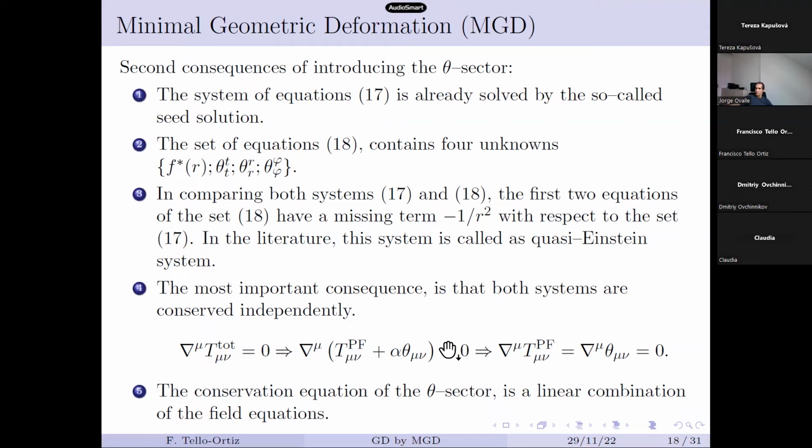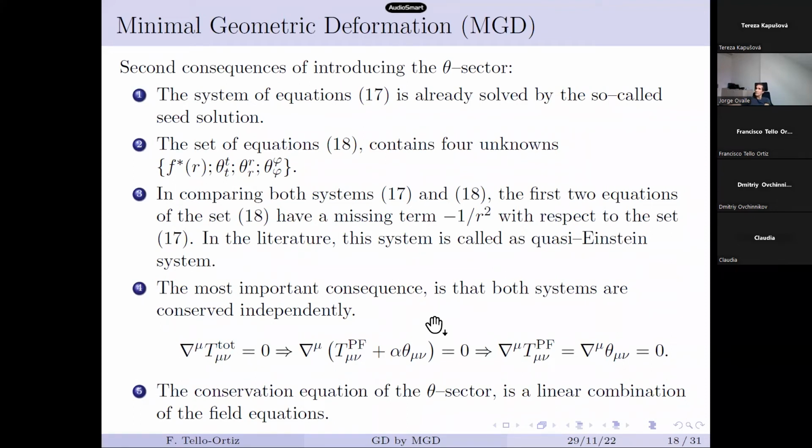How is it possible to get zero here? Okay, we have two ways. First of all, the covariant derivative of the perfect fluid matter distribution is equal to 0, and also the covariant derivative of the theta mu nu sector is equal to 0. Then it is obvious, 0 plus 0 is 0. But there is another way to get this 0 here. Suppose that the covariant derivative of this tensor is equal to minus the covariant derivative of this sector.